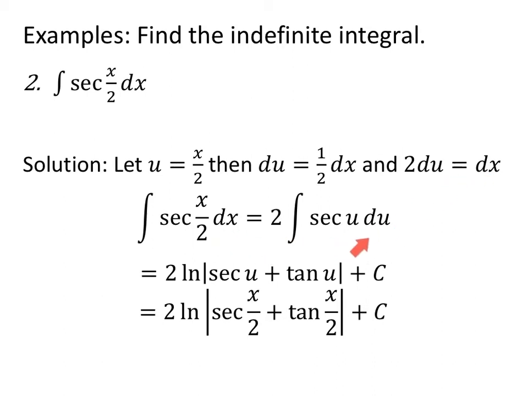The 2 we move out in front, and the du always stays at the end. And the antiderivative of the secant of u, du, is 2 natural log of the absolute value of secant of u plus tangent of u, and finally replace our u values. You can see a very consistent pattern here in how we're finding these antiderivatives using U-substitution.